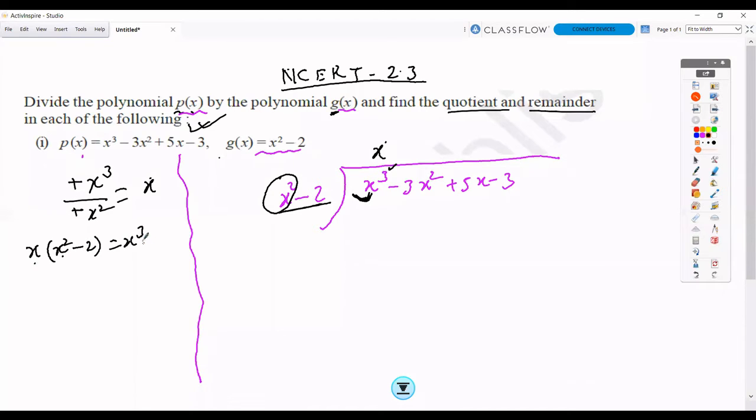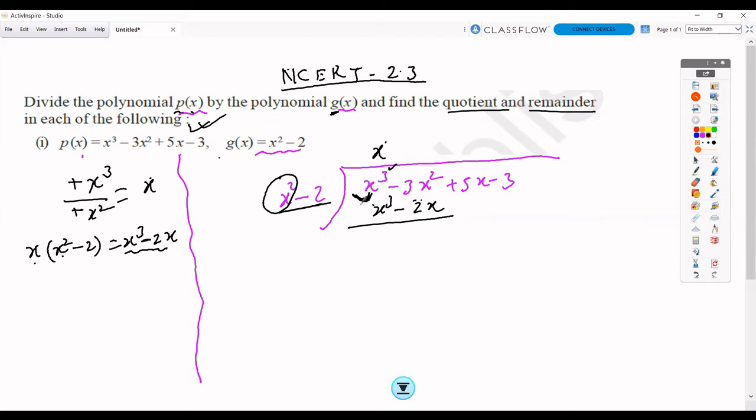Minus 2x multiplied by x means minus 2x. Now we will transfer this to the bottom here. Okay. We have done the first step. The first step includes two sub-steps: first is division and then multiplication. So this is going to be x cube minus 2x.